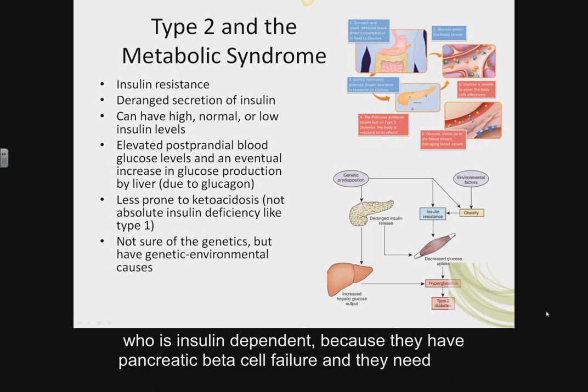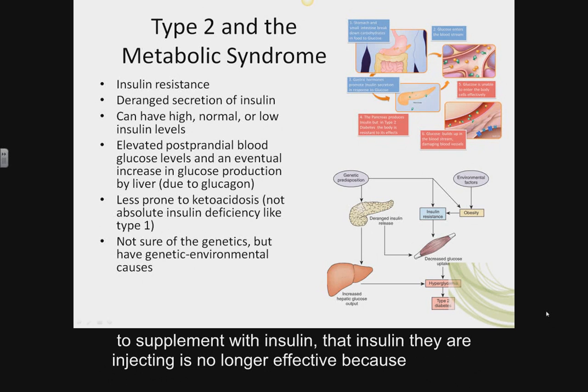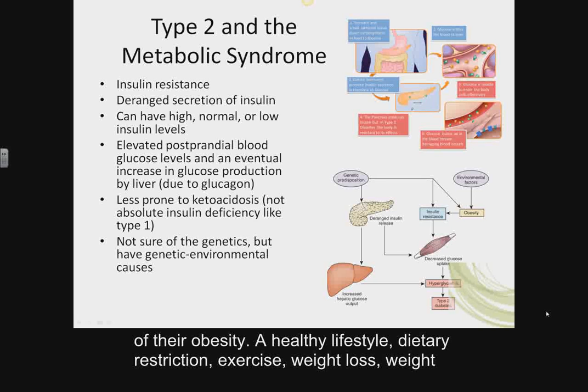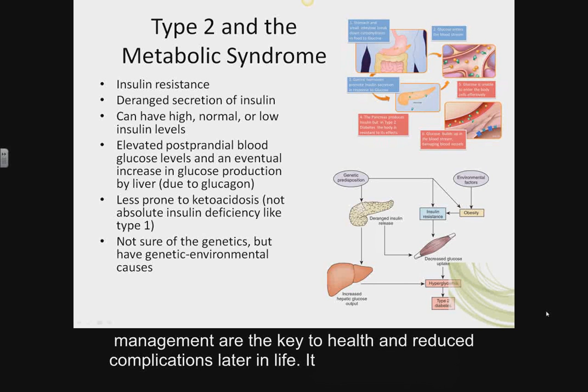And now we're seeing a type 1.5. Actually, I've seen 1.5 described in many other ways. It's just a kind of catch phrase. Anyway, the person is insulin dependent because they have pancreatic beta cell failure and they need to supplement with insulin, but the insulin they are injecting is no longer effective because of their obesity.